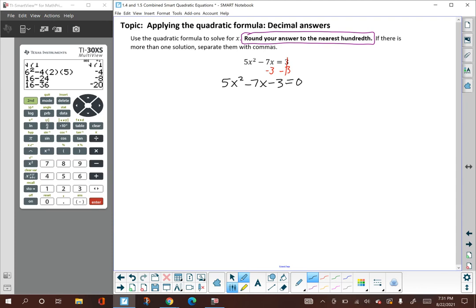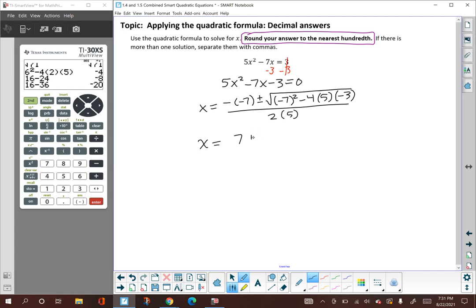So in the quadratic formula, don't forget to be careful squaring your b value. 4 times a times c. And that is all over 2a.